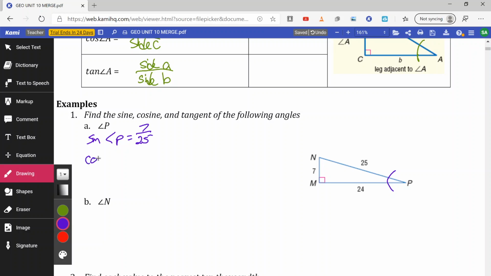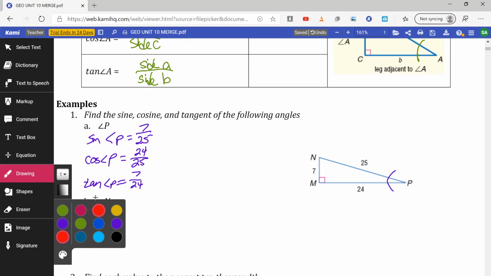Cosine of angle P is the adjacent side, so in this case, it's 24, over our hypotenuse, 25. And then tangent of angle P is opposite 7 over the adjacent, 24.